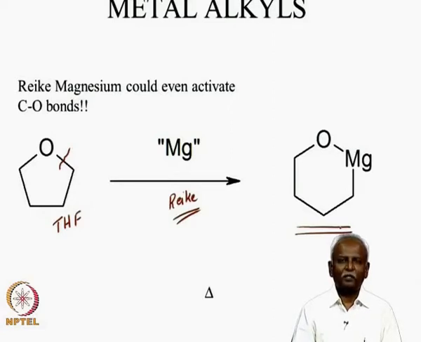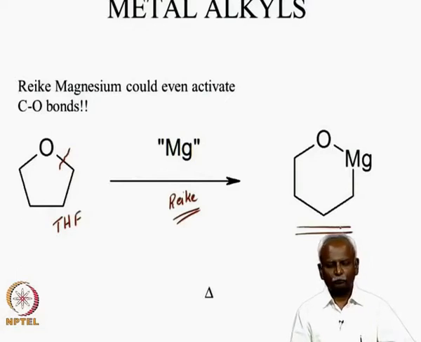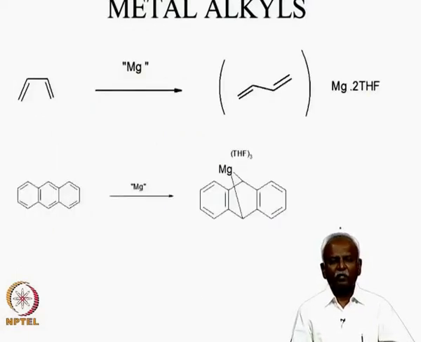If you have THF and you have to reflux the solution, then you can end up with side products because of the formation of such a metallocycle. This Rieke magnesium is so reactive that it can complex to a double bond. Although the structure of this species is not completely understood, it can form a complex species with magnesium.